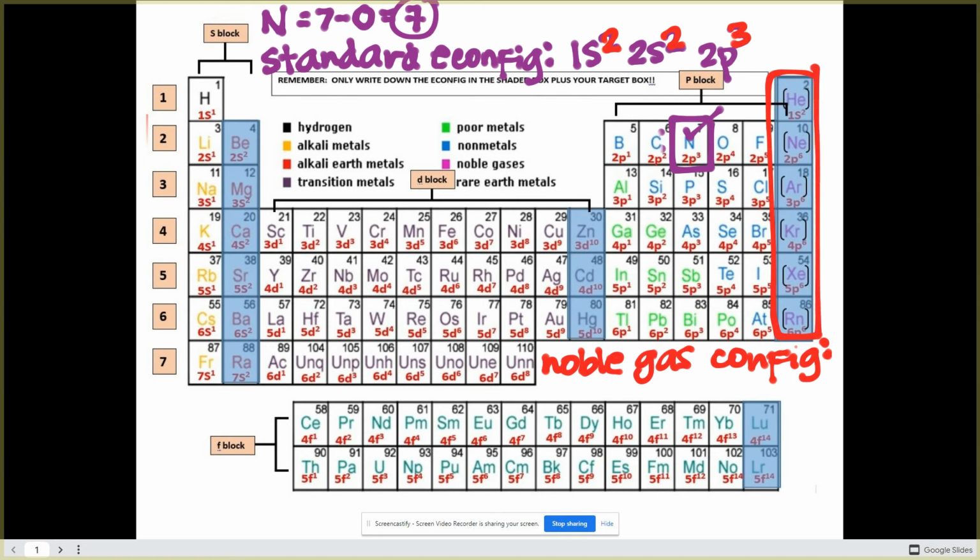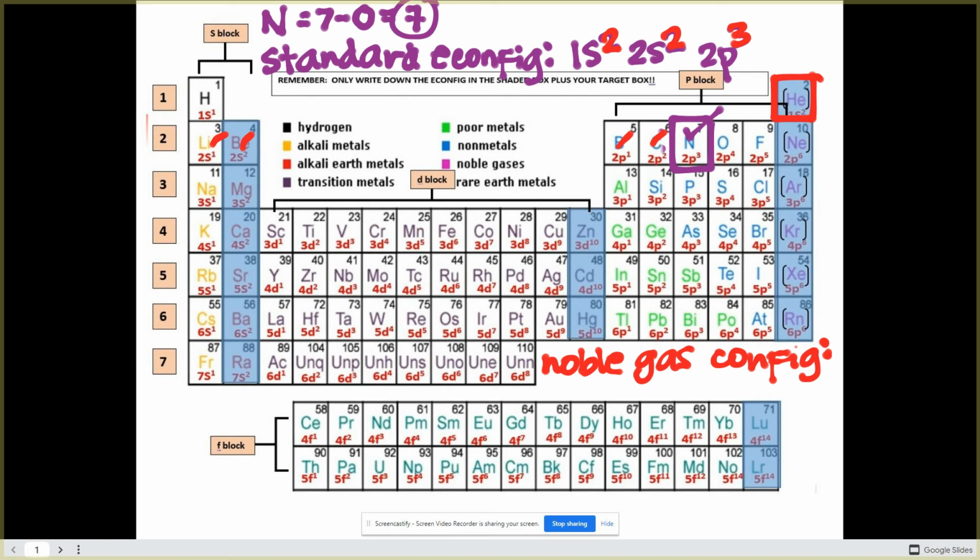So I need to look for a noble gas before, not after, right? It's before our target box. So 7, just go backtrack until you hit that last column. So 7, 6, 5, okay, 4, 3, and then 2 will be our noble gas. You see it? Okay, so again, that's going to be our noble gas.